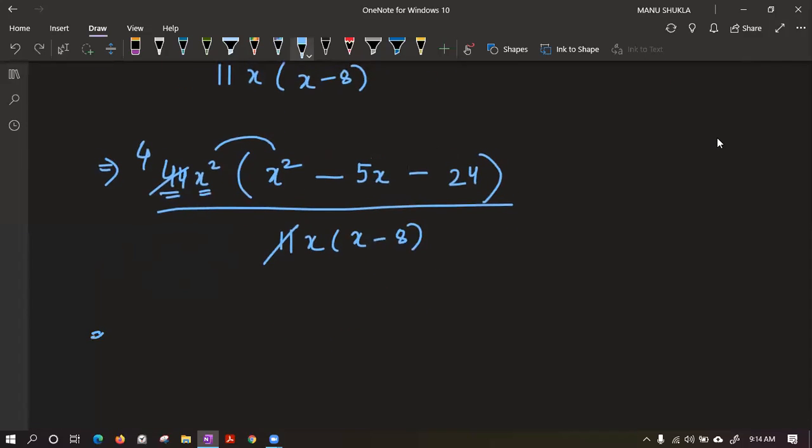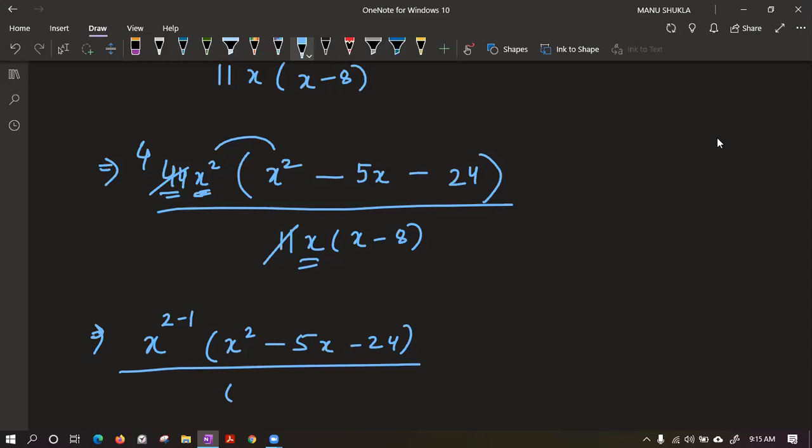In the next step, as the bases are the same, the powers will subtract: x power 2 minus 1, x square minus 5x minus 24 upon x minus 8. Now we have the answer as x into x square minus 5x minus 24 upon x minus 8.